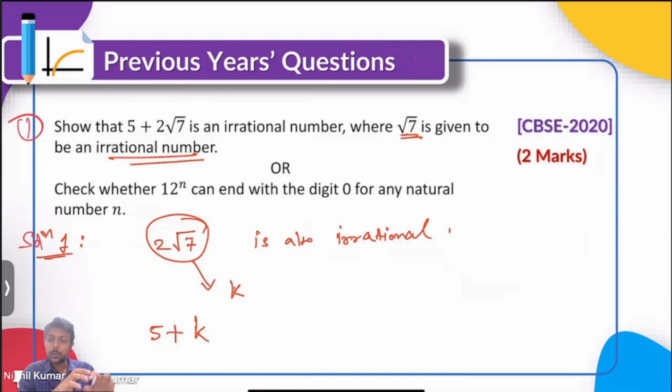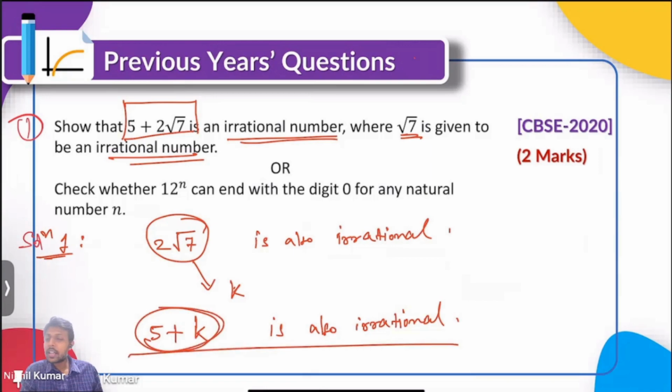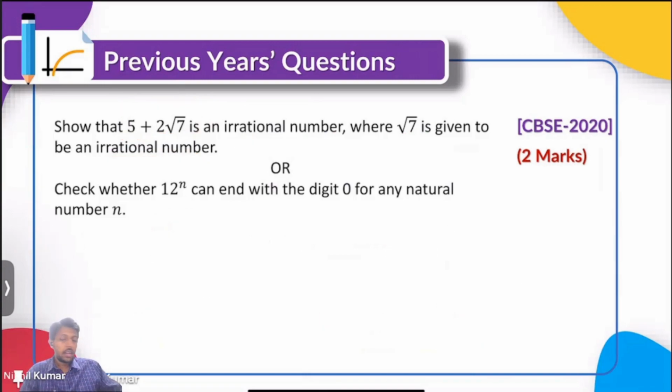So just by using these statements, you will be able to prove that this thing is irrational. Okay, so this is another way. It's kind of an unconventional way, but if you solve by this, even you have to write the correct statement, the correct reasoning, you will get marks.